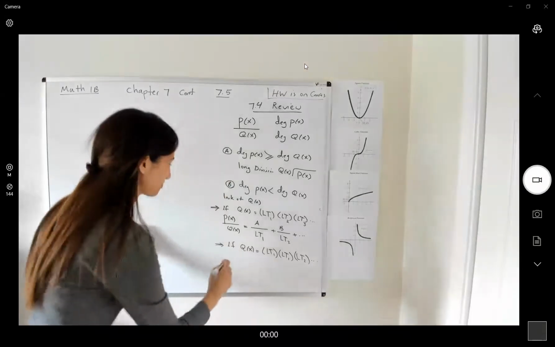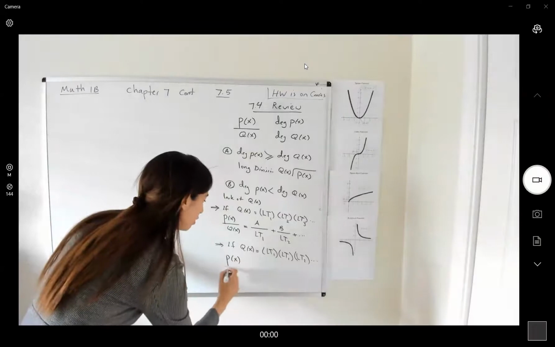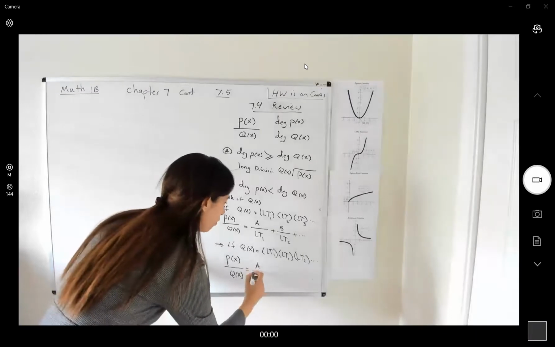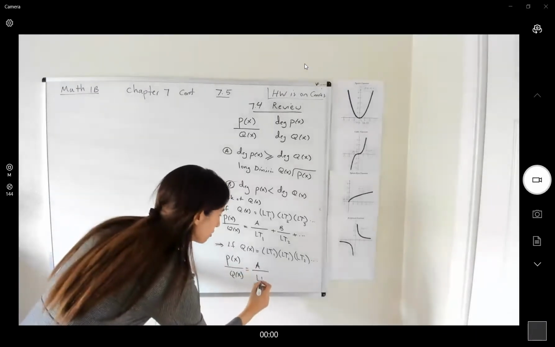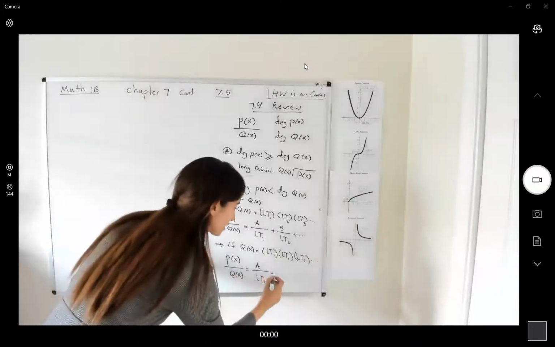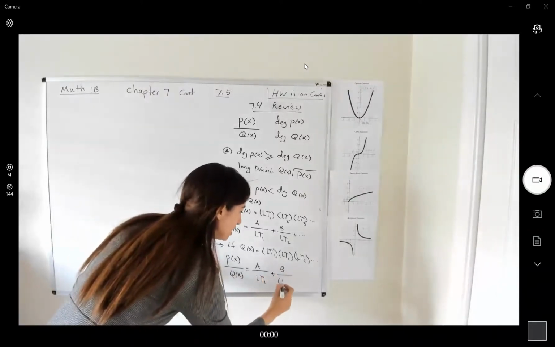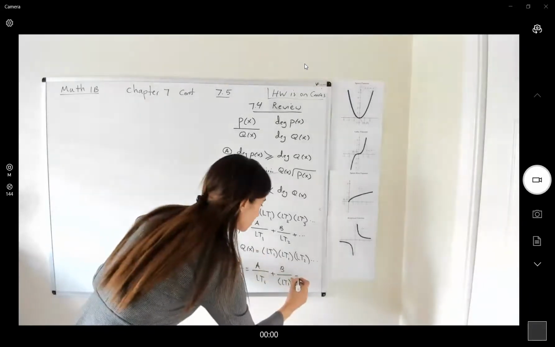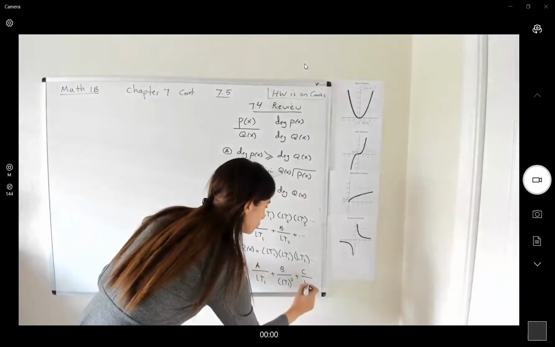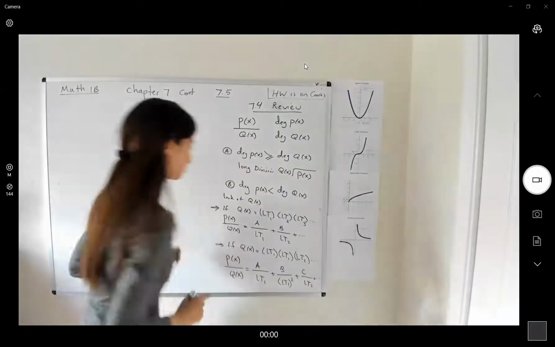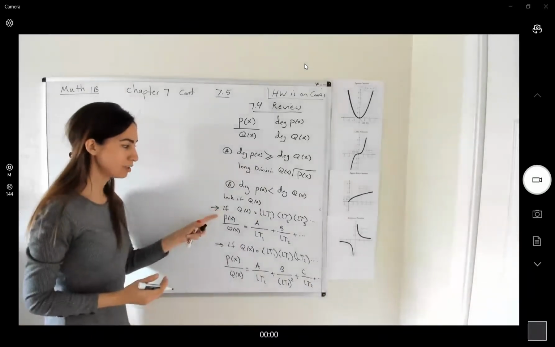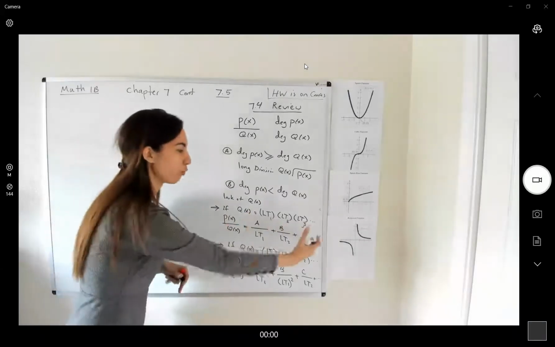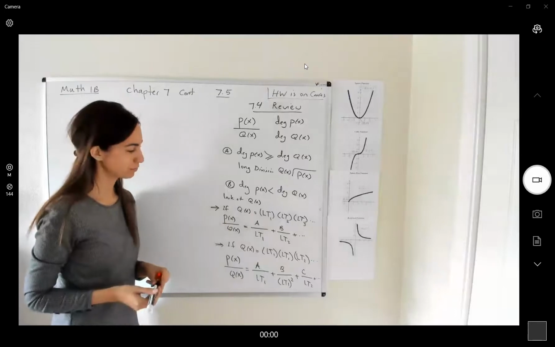In this case, p(x) divided by q(x) can be written as A over linear term 1 plus B over linear term 1 squared, because it's repeated twice, plus C over linear term 2 plus the rest. So based on the composition of your denominator, you form these new fractions.